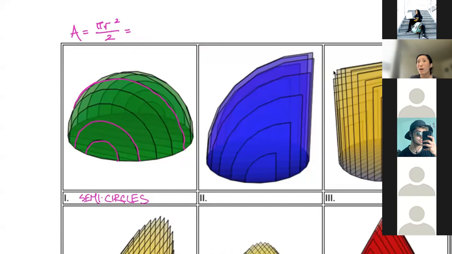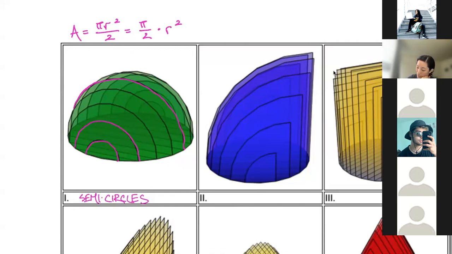I agree, Graham, pi and the 2, perfect. And so maybe we're just going to write this equation as pi over 2 times radius squared. Okay. Same formula, just thinking about how we might be able to use it when we think about integrals.